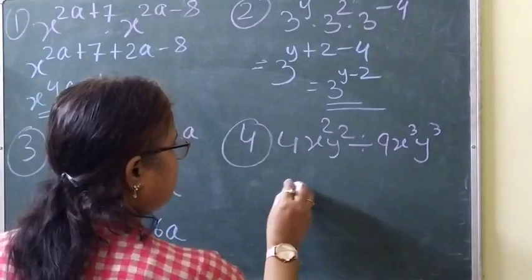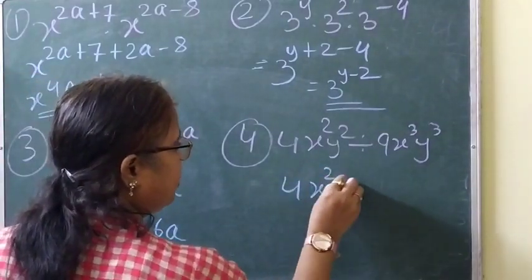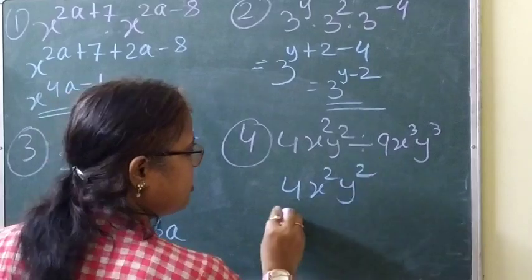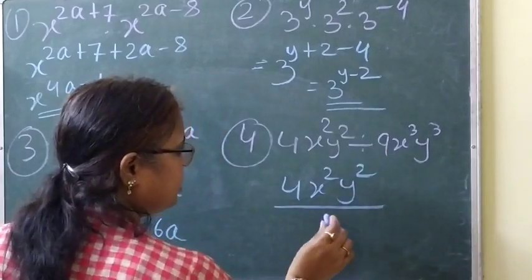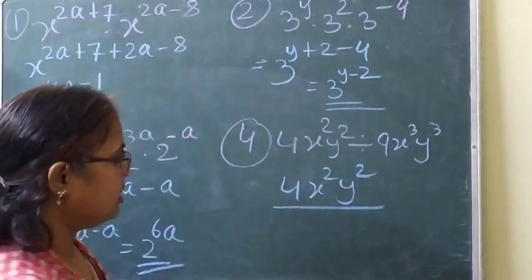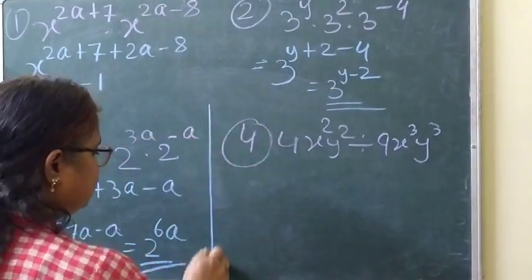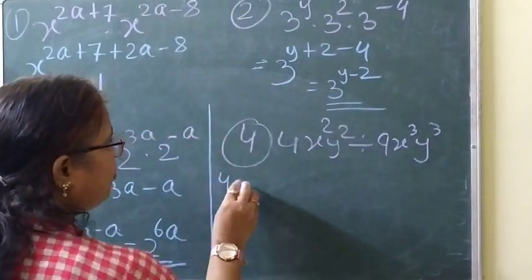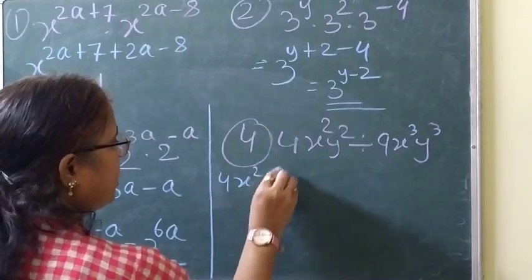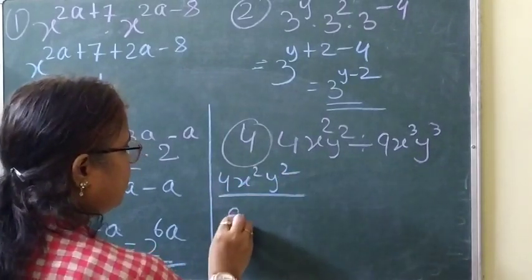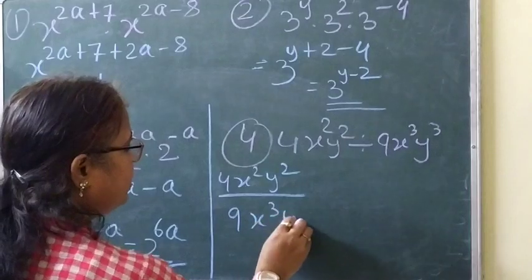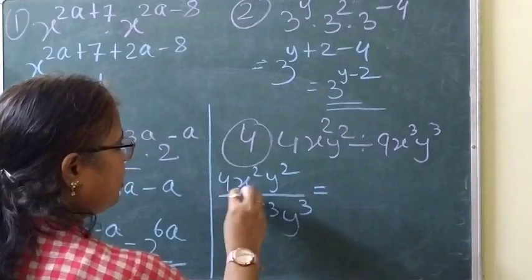Now, next 4x square y square, division sign is here, so we will write like this. Clear? I need more space here, so let's do with this. So 4x square y square divided by 9 x to the power 3, y to the power 3. So here it will be what?